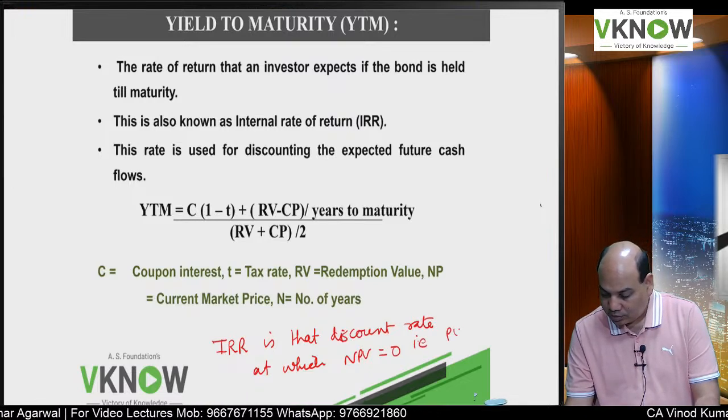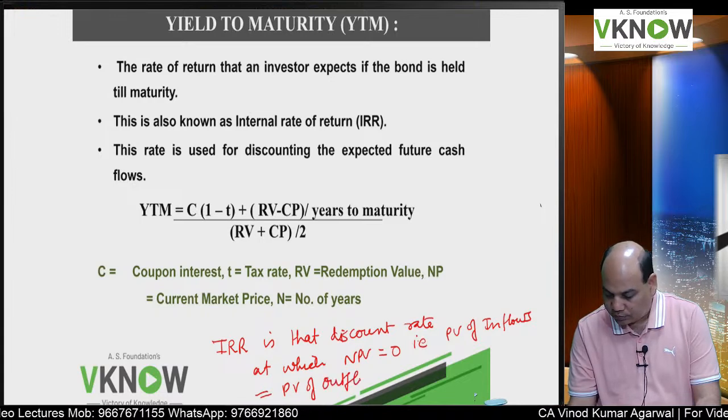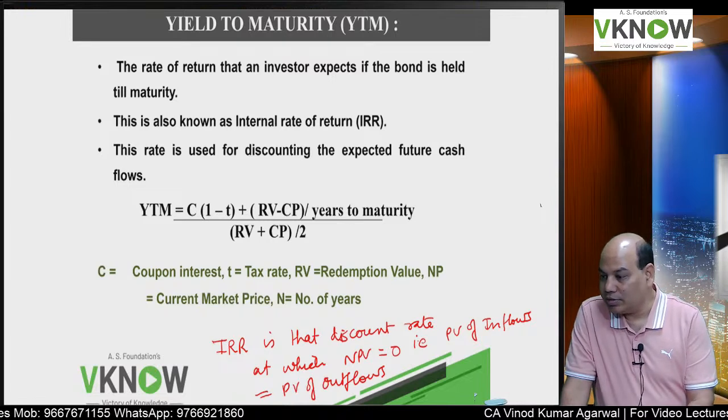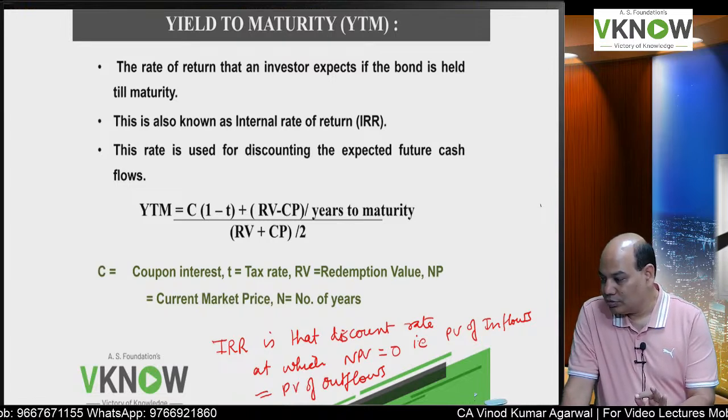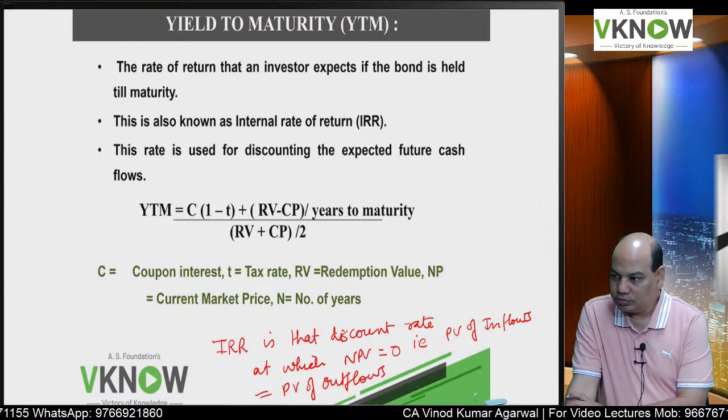That is, PV of inflow is equal to PV of outflows. So you have to find that discount rate at which your PV of inflow is equal to PV of outflow. Okay.